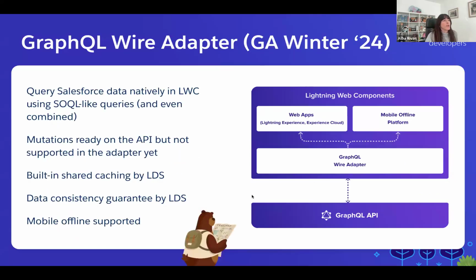So what's the GraphQL wire adapter? It's a wire adapter that you can use in LWC to retrieve data through the GraphQL API, to get records.